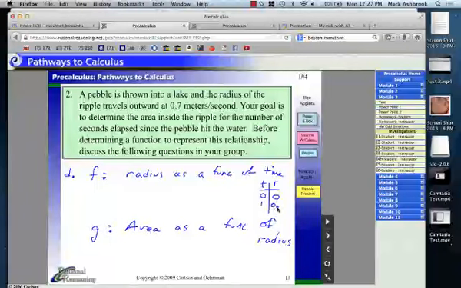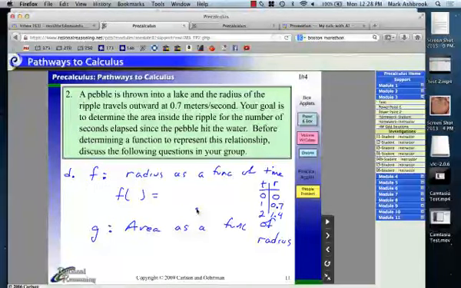Two seconds after the pebble hits. So what we need is a rule. So t seconds after, what's the radius? So it's at 0.7 times, right?